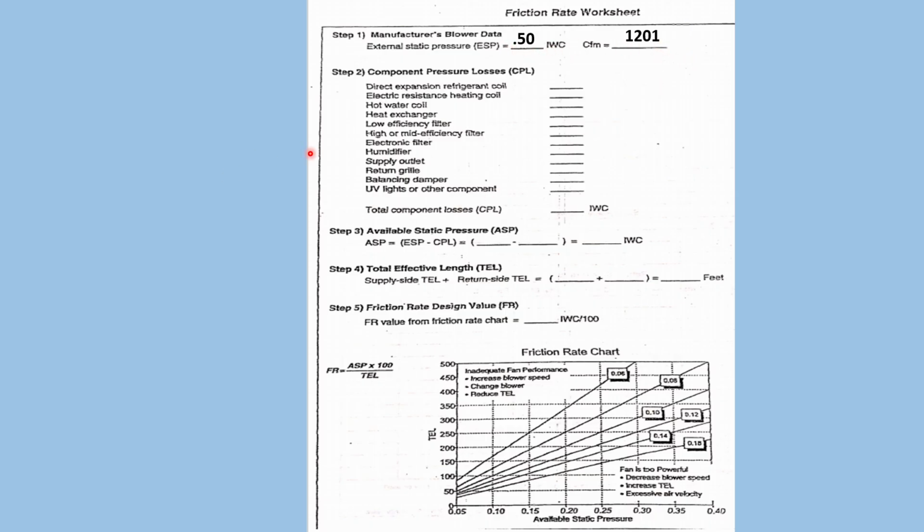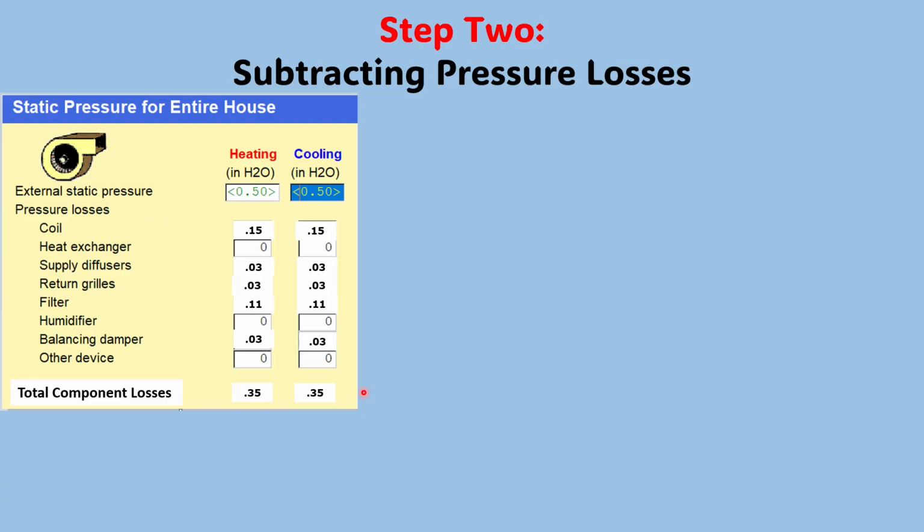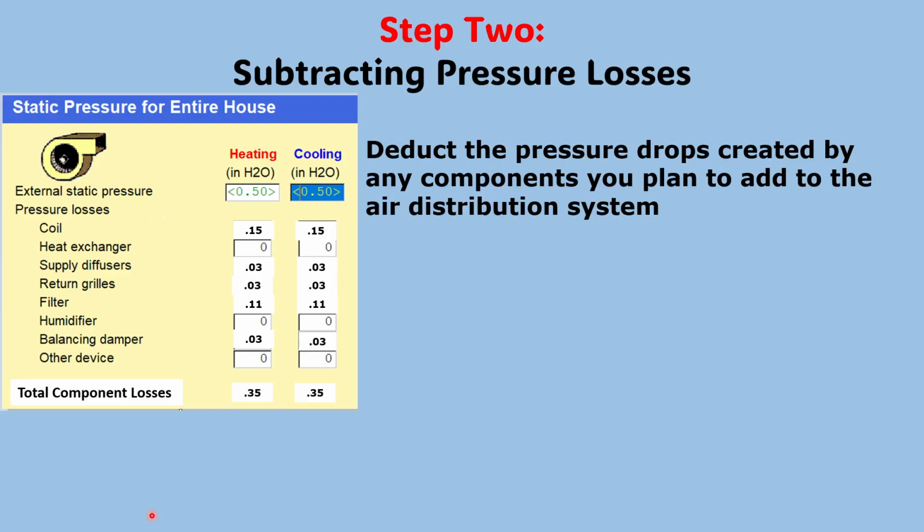And then you see we have components, and all these components have pressure drops. We're going to deduct the pressure drops created by any components you plan to add to the air distribution system.